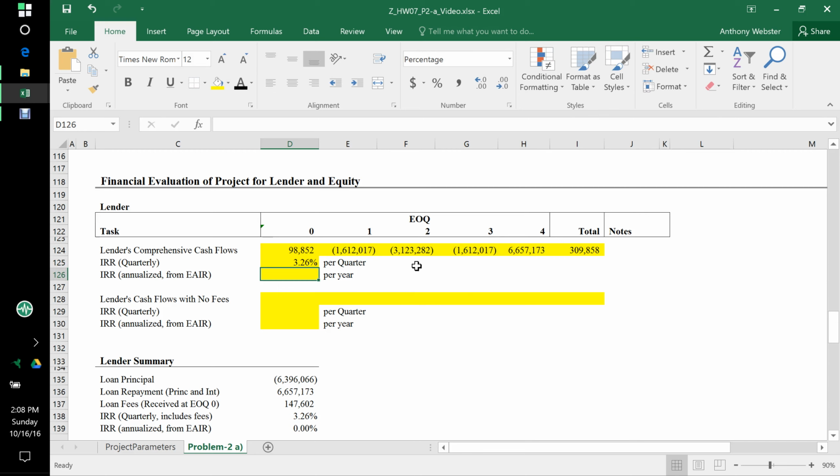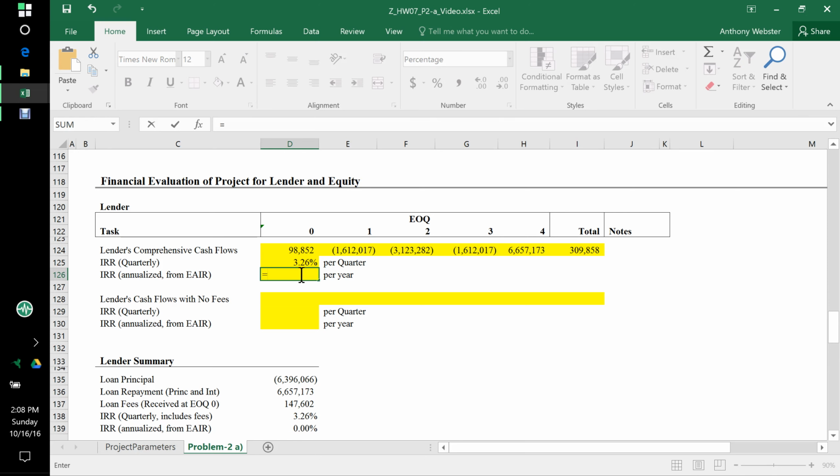And now that's in quarterly units. So the lender is getting for this project, including her fee at t equals 0, 3.26% compounded quarterly. Easiest for us always to think, of course, on an annual basis. So we'll use the EAIR formula to annualize that.